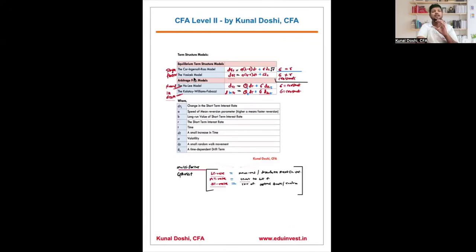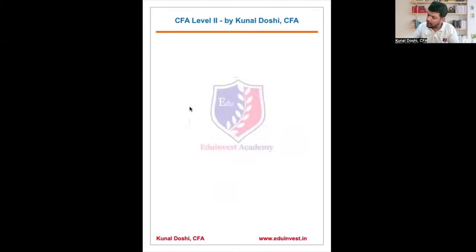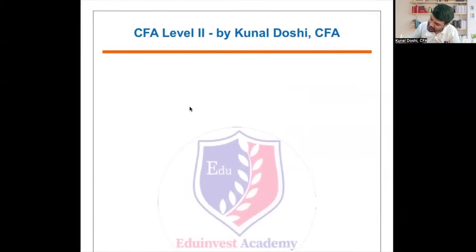Understood? So instead of continuing with this, we'll go to reading number 3, which is about valuing bonds with embedded options, and then we'll come back to reading number 2 for those models.